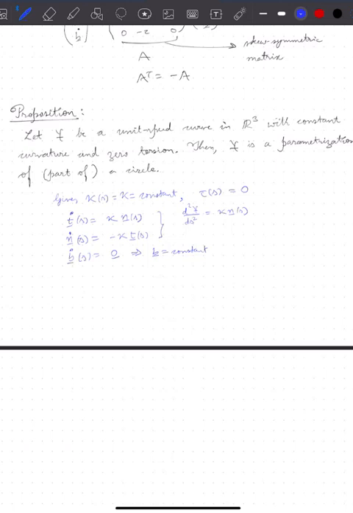From here, n vector of s is going to be minus kappa d gamma vector by ds.